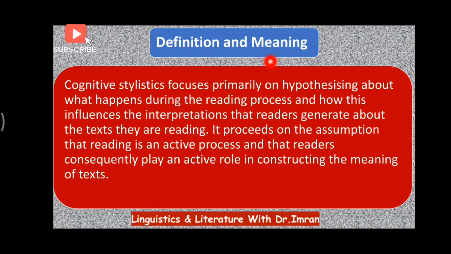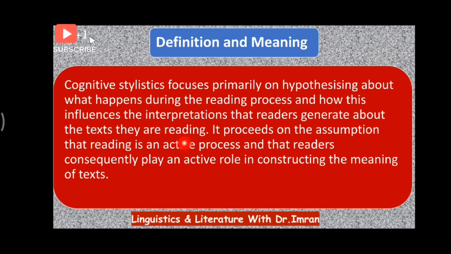Definition and meaning of cognitive stylistics. Cognitive stylistics focuses primarily on hypothesizing about what happens during the reading process and how this influences the interpretation the reader generates about the text they are reading.